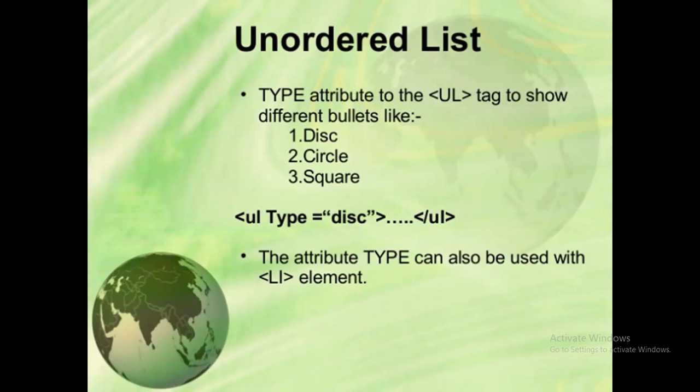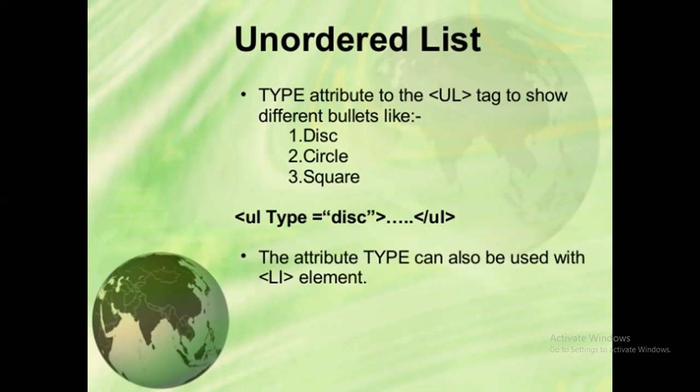Then type equals, in double quotes, you will write the name like disk, circle or square. After that, you can write your text. Once that is done, you can close that list with the closing UL. UL stands for unordered list.